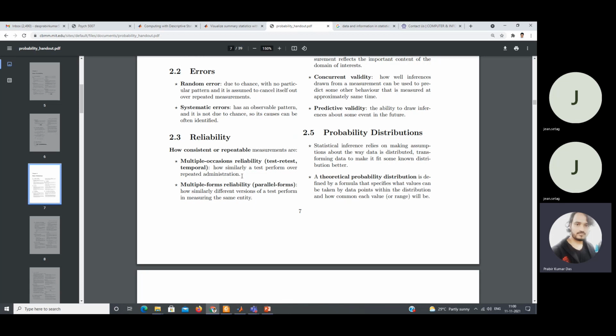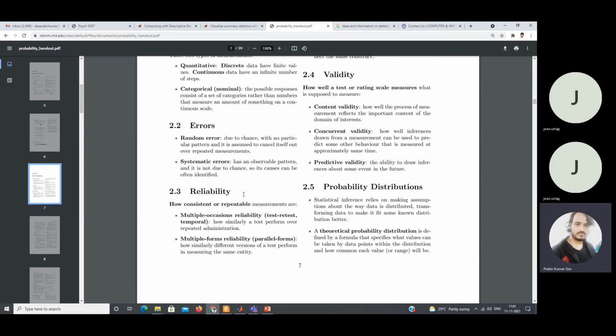Then you have to state statistically, or quantitatively, what error is present in your measurement, and how good your measurement is compared with all the other classical methods. For that you have to use statistical methods. That is why statistical methods are very handy while analyzing any kind of data set.